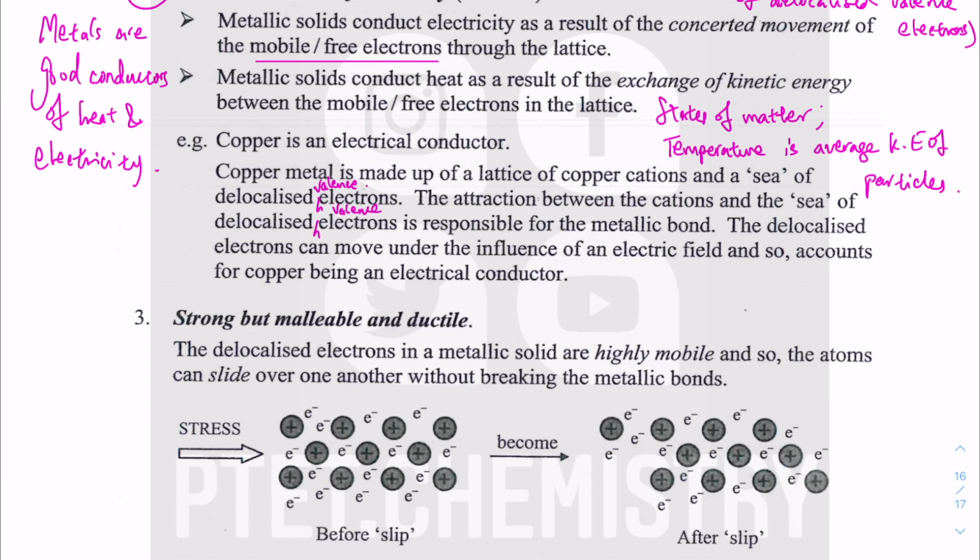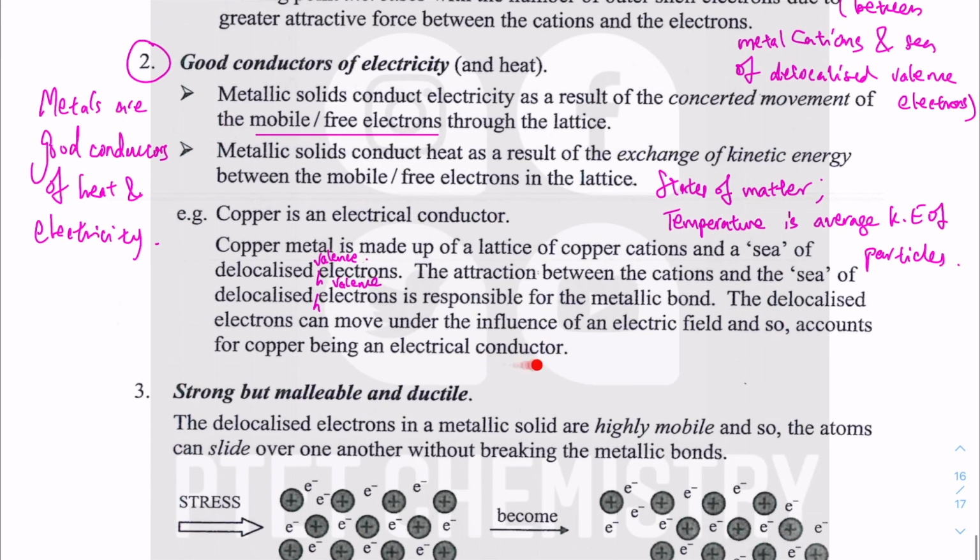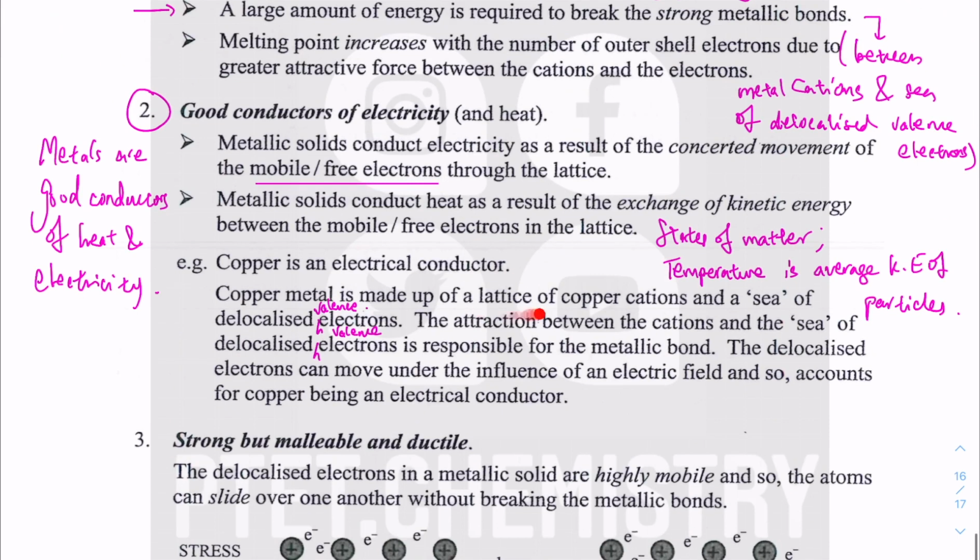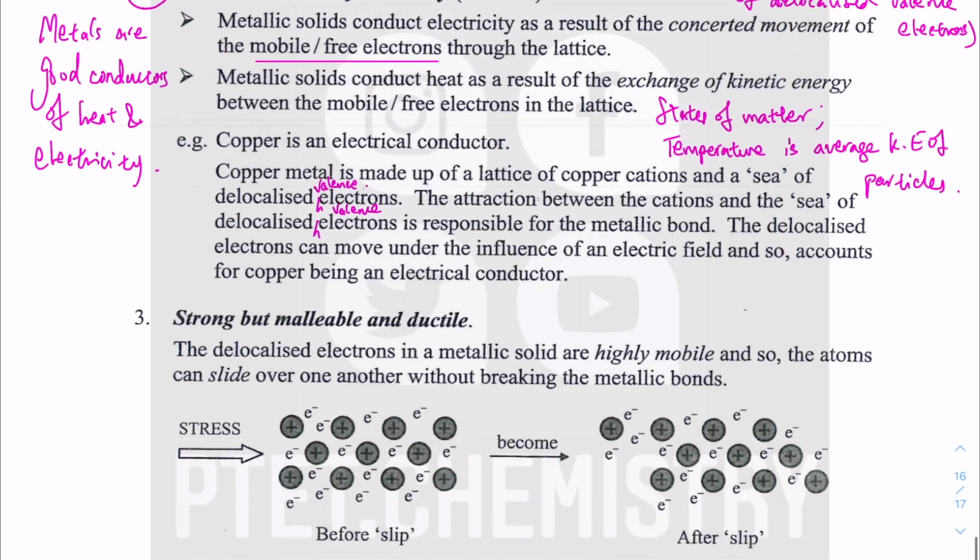The delocalized electrons can move in the presence of an electric field, and therefore it can conduct electricity. This is a bit wordy, or you can just say it has a giant metallic structure, and therefore metallic bond between the lattice particles, and therefore you have free mobile electrons that can move through the lattice, and therefore you can conduct electricity.